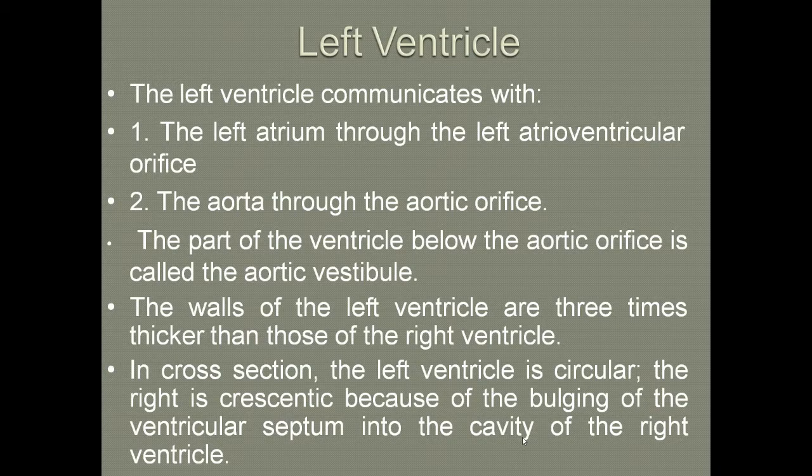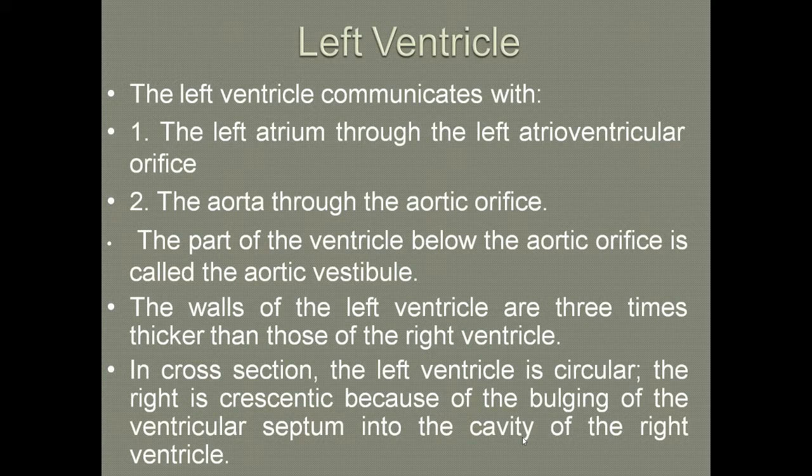So this is the left ventricle, and there is some difference between the left and right ventricle. The left ventricle is circular in cross section and its wall is very thick, 3 times thicker than the right ventricle walls.